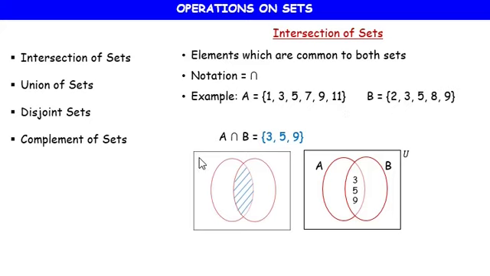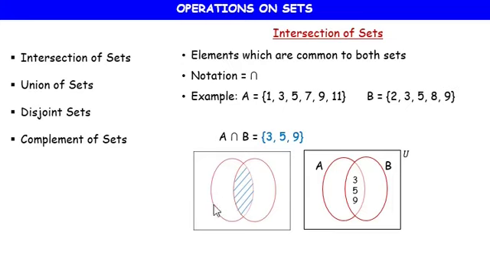So let's look at how we represent intersection of sets on a Venn diagram. The two circles here represent the two sets. That is how we represent sets on a Venn diagram. We represent sets usually with circles, though it can be any shape, but the most common one is the circle.